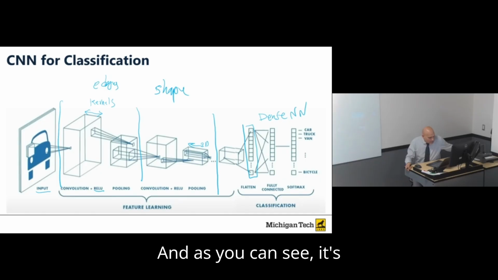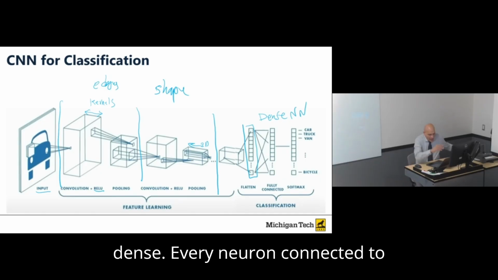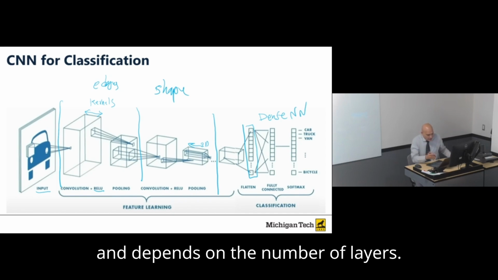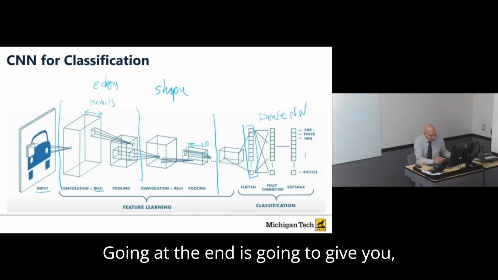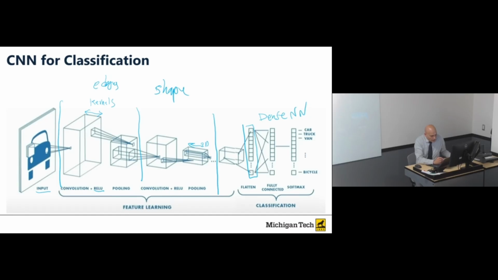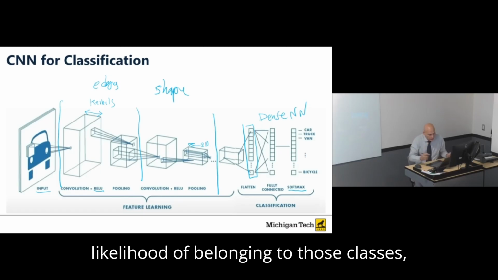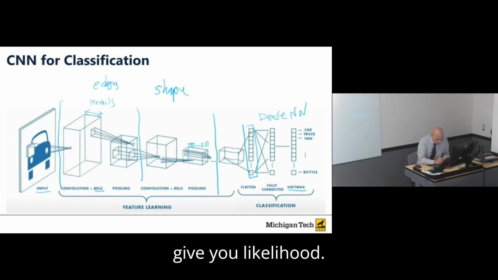As you can see, it is dense. Every neuron is connected to every neuron in the next layer, depending on the number of layers. At the end, we use softmax to give you the likelihood of belonging to those classes.